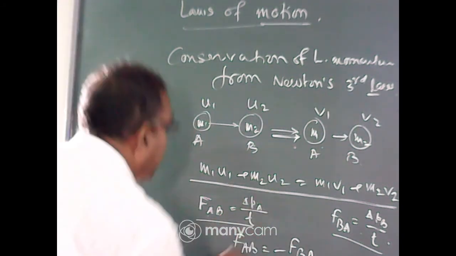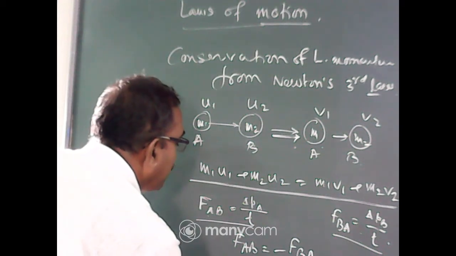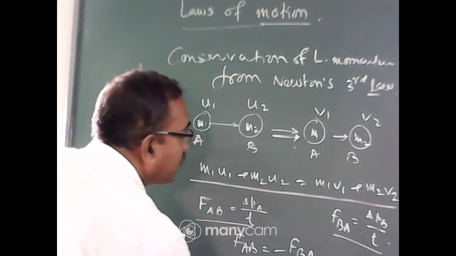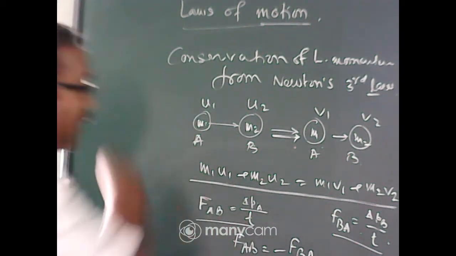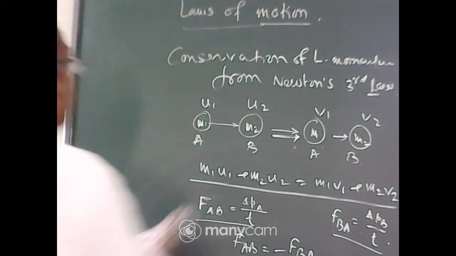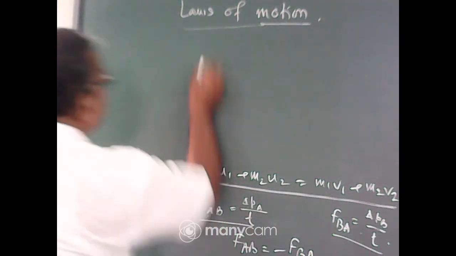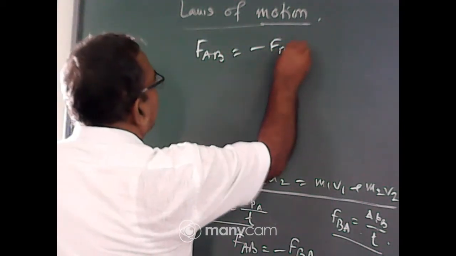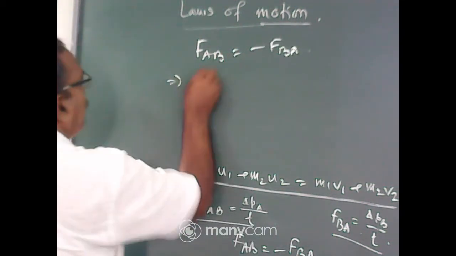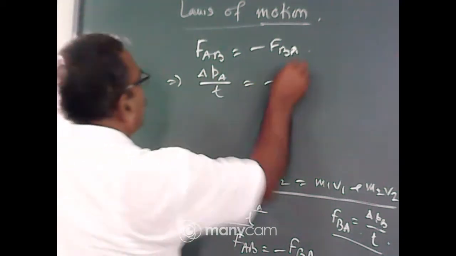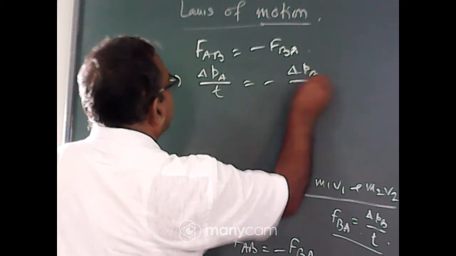So, you put here the change in momentum of the object A by time t equal to the change in momentum. Okay. You can see at the bottom. I will try to write on this upper part. So, FAB equals minus FBA. Okay. So, FAB equals del PA by T equals minus del PB by T.